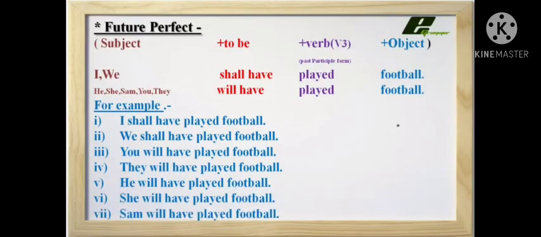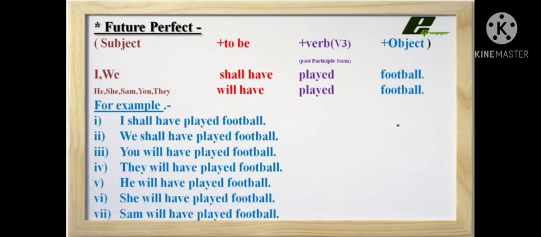Now we can discuss future perfect tense and how to make a sentence in both active and passive voice. Affirmative sentence. First of all, active voice: subject plus shall have or will have plus past participle form of the verb, then object.